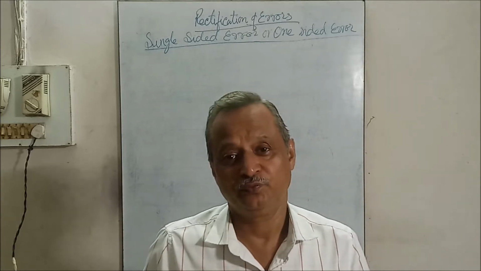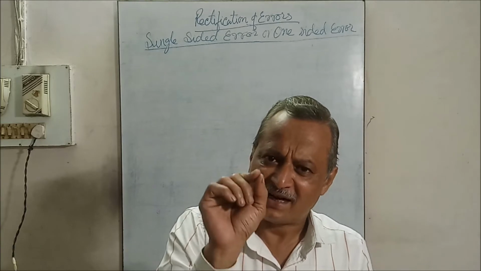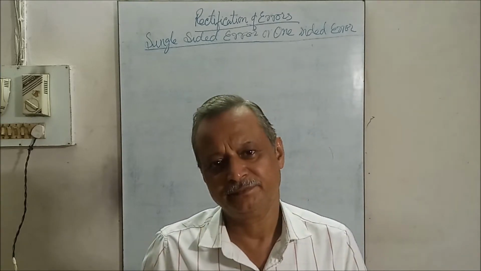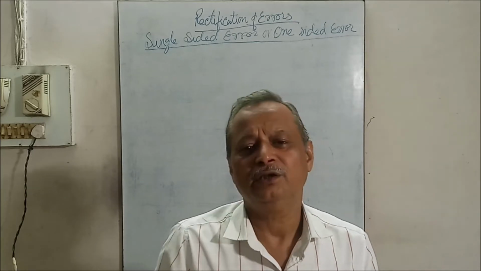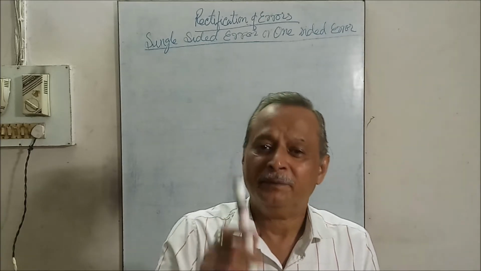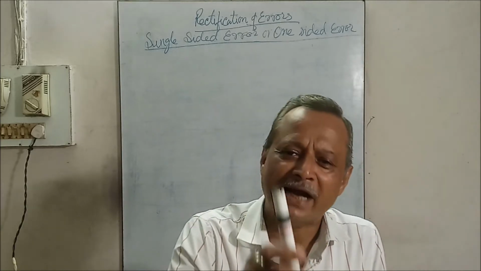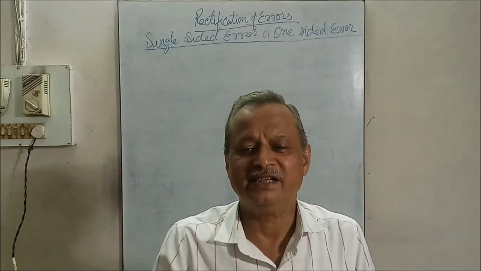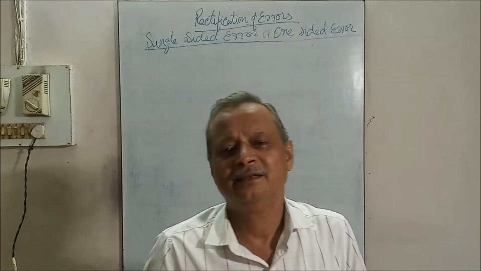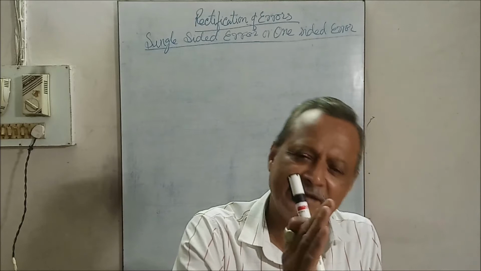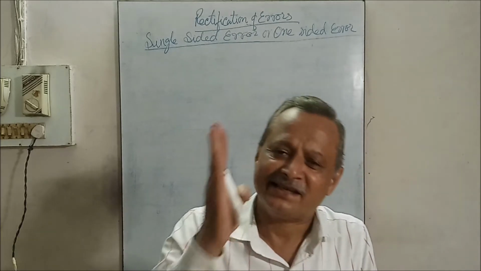Now, those errors which affect the trial balance on only one side make the two sides of the trial balance, that is debit and credit, disagree. It means the debit and credit sides of the trial balance are not agreeing; there is some difference.